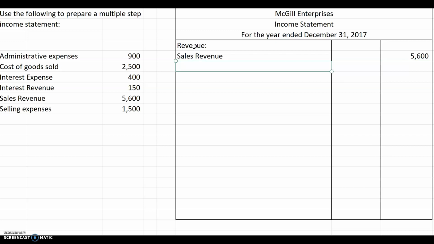After sales revenue, we show our cost of goods sold, and their cost of goods sold is $2,500. This is the first step on our multiple step income statement: we take sales revenue and subtract cost of goods sold, and that is our gross profit.